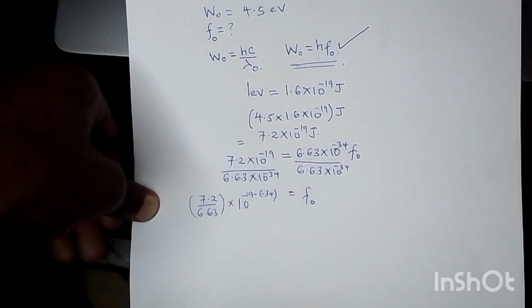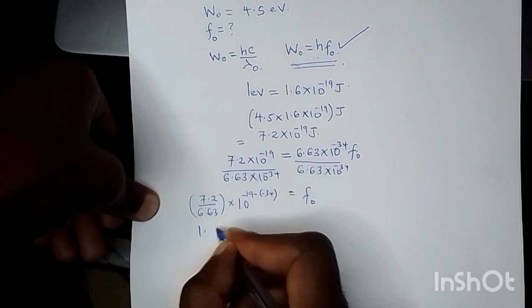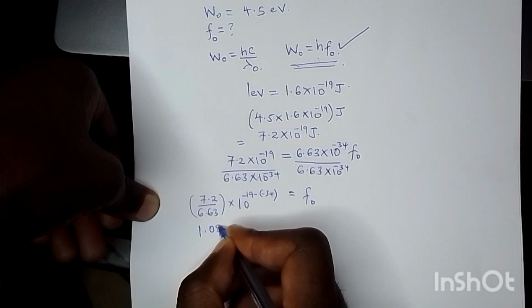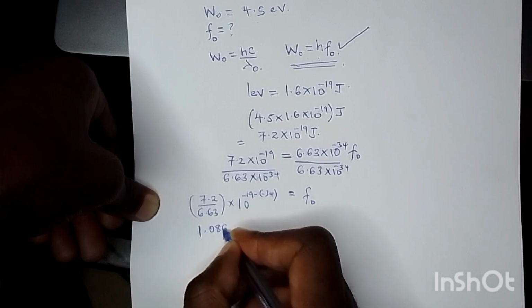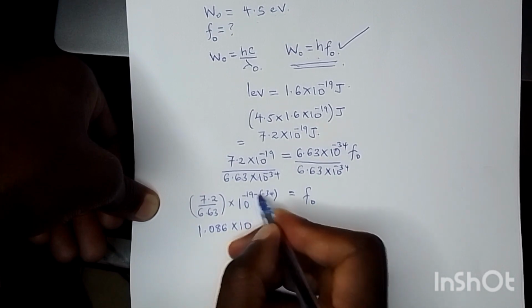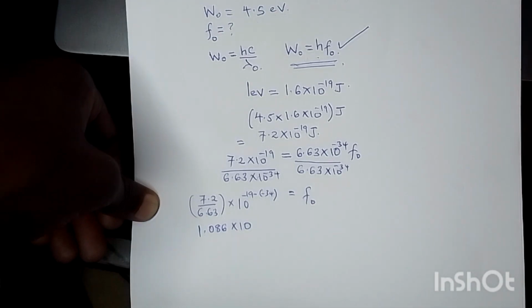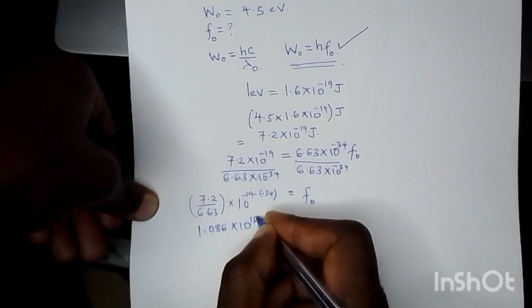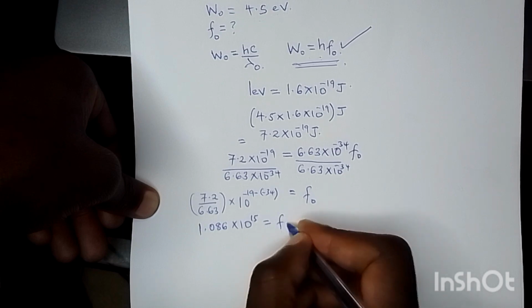So 7.2 divided by 6.63 gives 1.086, times 10 to the power, negative 19 plus 34, which becomes 15. This is equal to f naught.